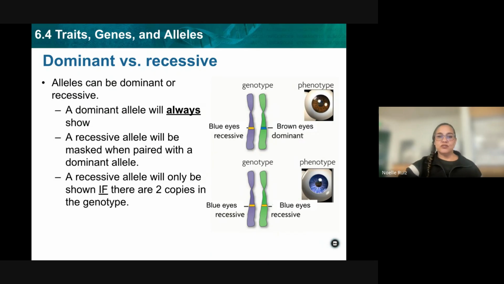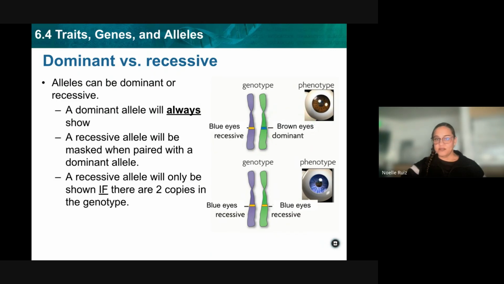So we talk about eye color as an example. Now, eye color does tend to be a little bit more complicated than just brown over blue. But right now, we're learning the basics. Just like when we talked about male and female chromosomes. Learning the basics, and we can move on to the exceptions. But we say that brown eyes are dominant.